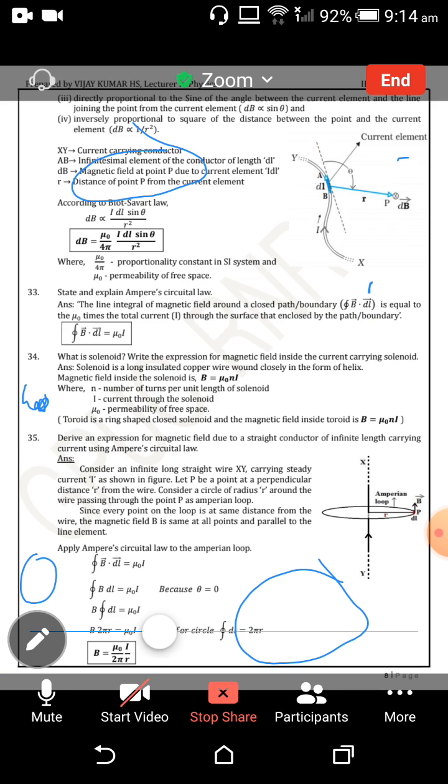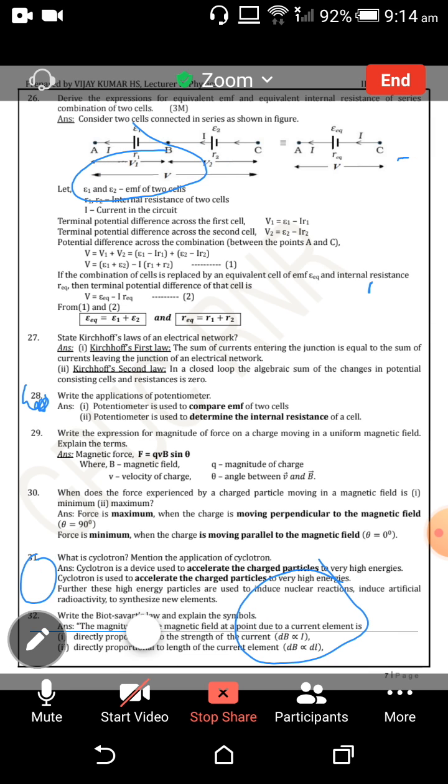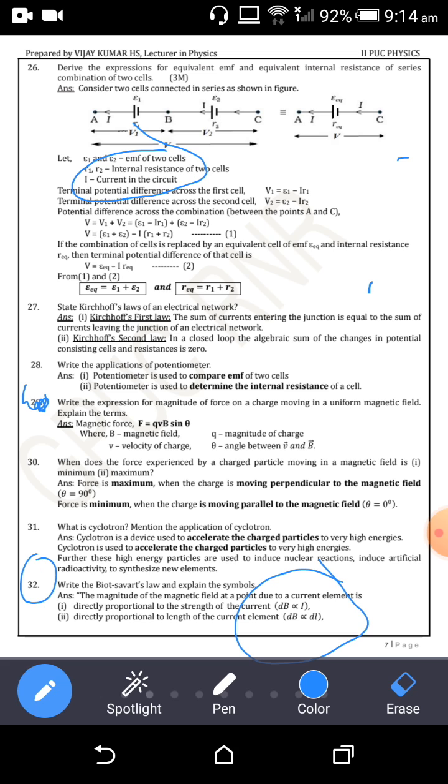Just go through this Biot-Savart law once, and the questions we have gone through from the 29th question, just go through them once till Biot-Savart law. In case you have any doubts, you can ask.